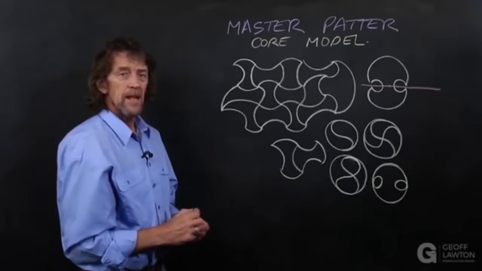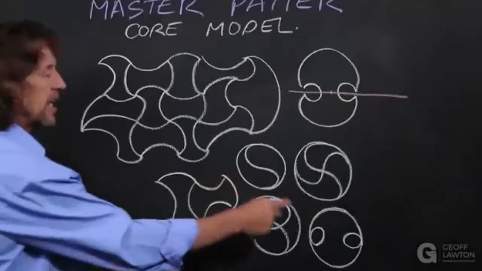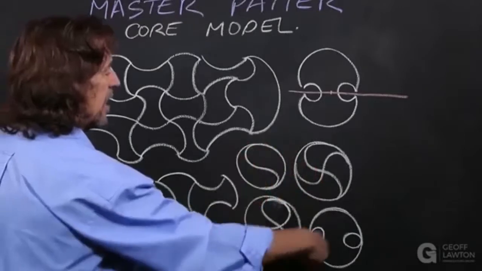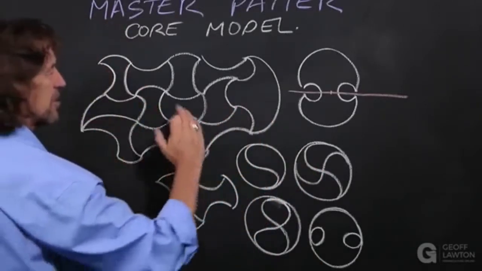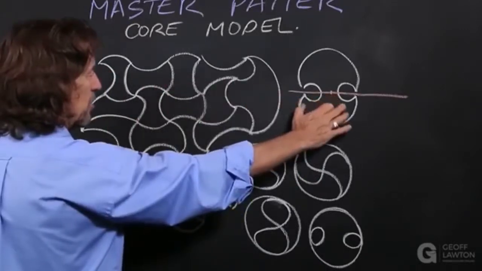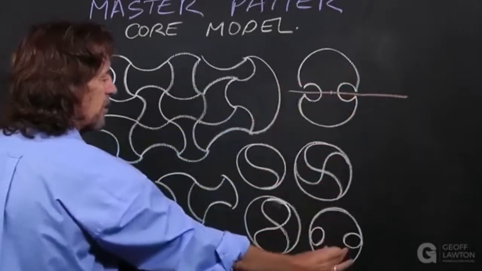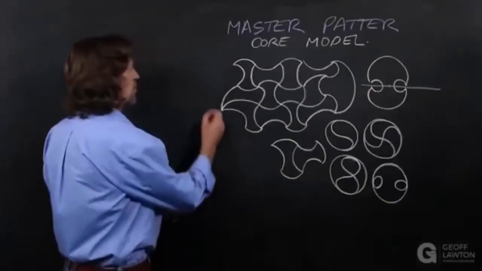So here we can see a very traditional representation. Here we see a tessellation across the surface. There's our core model starting to emerge as we slightly separate this one here.